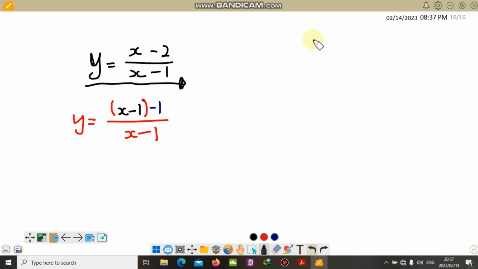Remember guys, when you have 1 over x plus 2 over x, if you write this with the lowest common factor as a single fraction, it's going to be 1 plus 2 all over x, and that is going to be 3 over x.